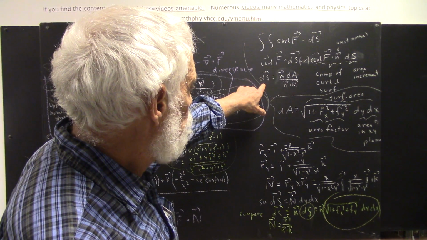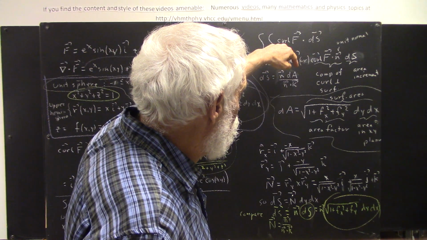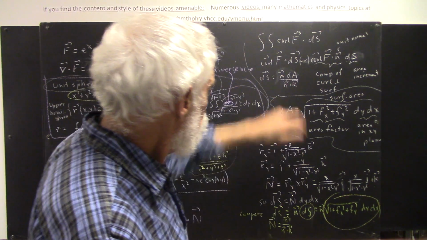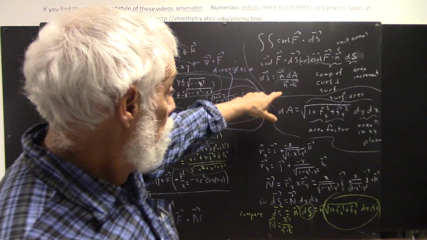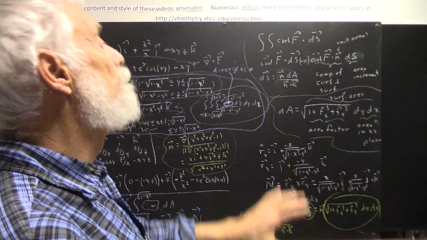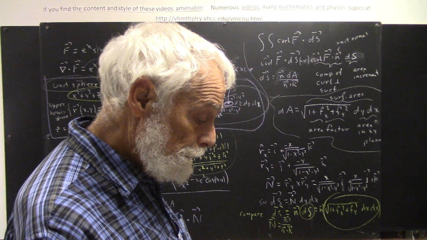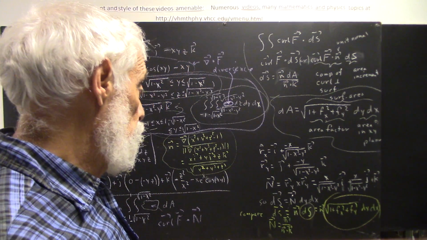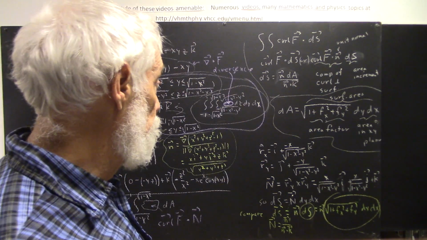The dS vector could be written as normal vector times your dA, where dA is the dx dy area down in the plane, divided by n dot k, as we talked about when we first started working on surface integrals. So there are many ways to conceptualize this. You're going to see it written out at least 2 or 3 different ways in your text. And if you're looking at different texts, you might see just about anything.